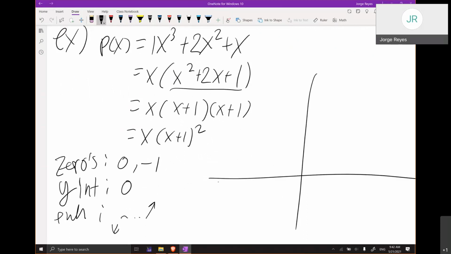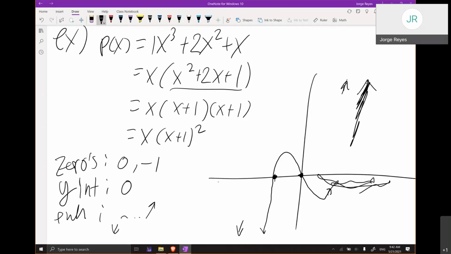So if you try and draw this, right, 0 here at negative 1, and you're like down arrow, up arrow, you might be a little confused because you're like, okay, so I'm starting down here, and then I go here, and then you're stuck, right? Because you need to go up here, but you don't have another x-intercept.